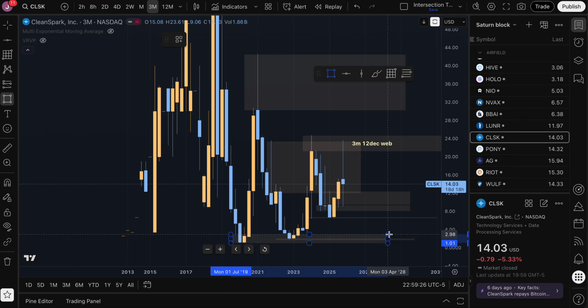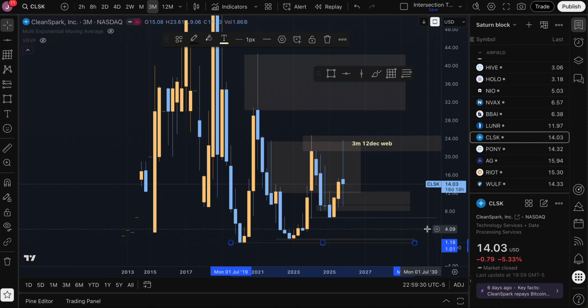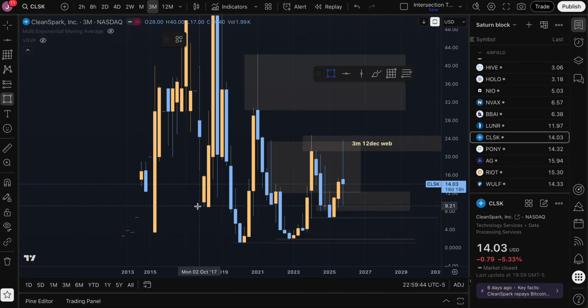Do a couple more clicks. What is that? That is a true sliver. And so for something like this where there's no wick, I would just take the adjacent.